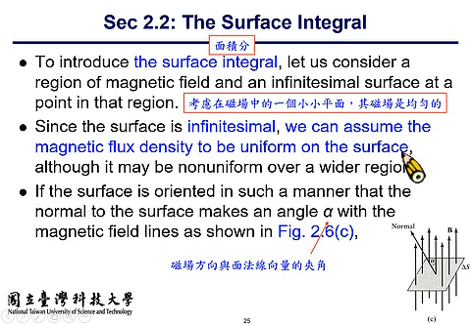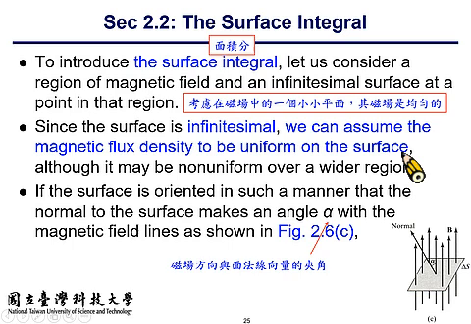However, the area of interest is relatively small, because the surface of interest is infinitely small. So we can assume that the magnetic flux density B in this region is uniform, or homogeneous. Of course, it can be non-uniform for a wider, broader region.